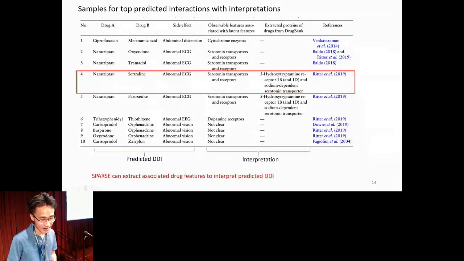And here is the highlight where our model can extract proteins, for example, serotonin transporter and receptor. And we can find literature support for our findings. From this table, we can confirm that SPARSE can extract associated drug features to interpret predicted data.